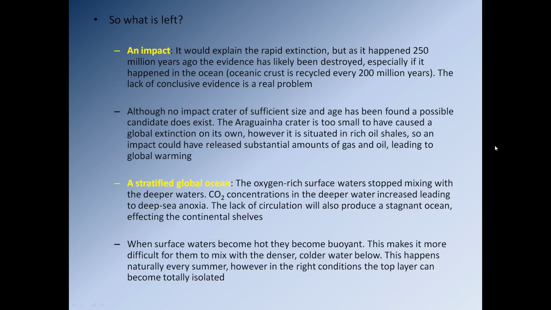So that also helps to inhibit the possibility that this top layer will mix with the layers below it, which increases the chance of some kind of deep sea anoxic event. As you can probably guess, this heating up of the top layer of water would tie in very nicely with some kind of global warming situation.